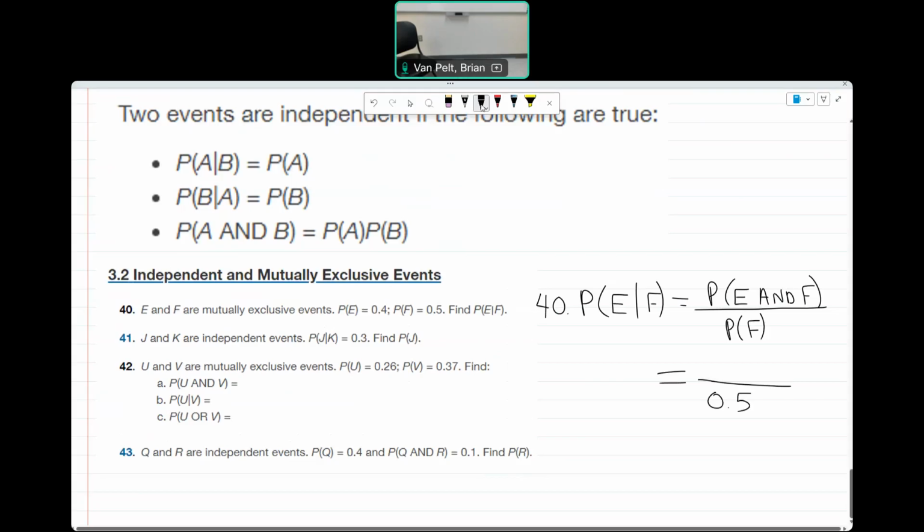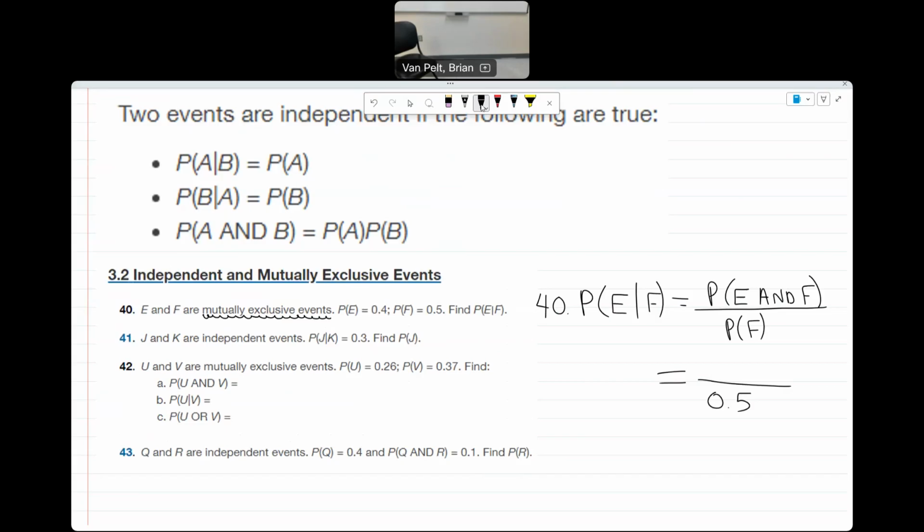Well, that's not what I want up there. I want the probability of E and F. What do they have in common? You know what that means?